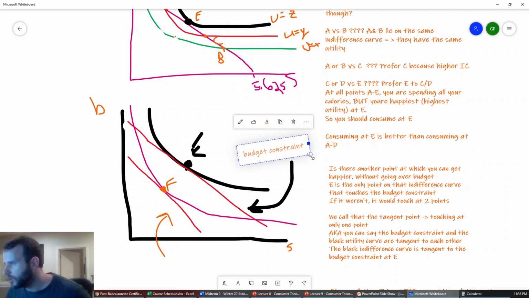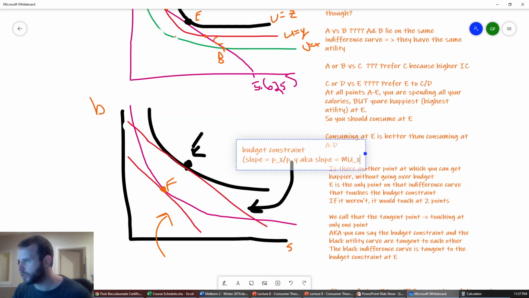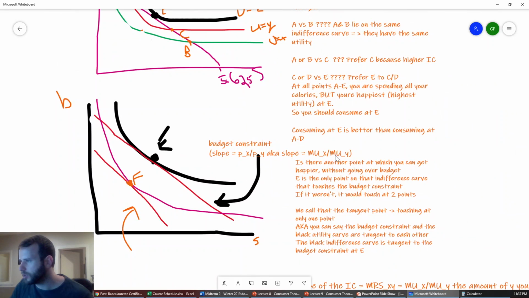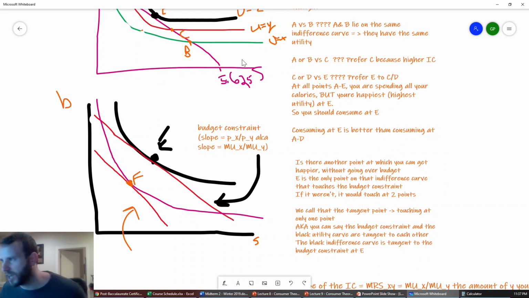What would the slope of the budget constraint be? Well, you could say it two ways: slope equals Px divided by Py, aka slope equals MUx divided by MUy. We just showed that like 100 times. So if you don't understand why, go back and rewatch this video.